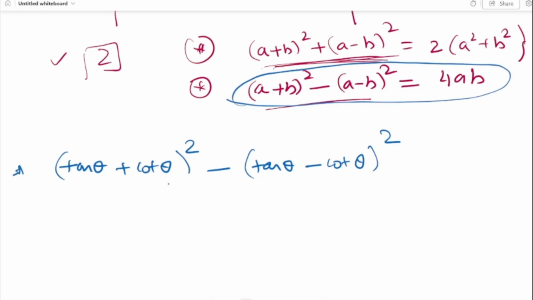You don't need to physically expand this, just remember 4 times a times b. But what do we know about tan and cot? When they come together, they cancel off each other. So the answer is 4.